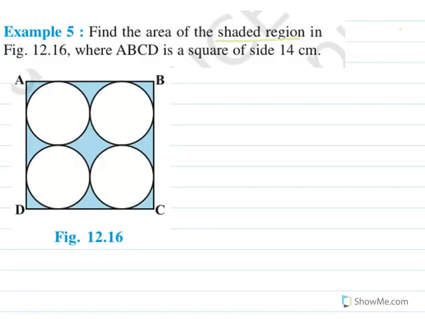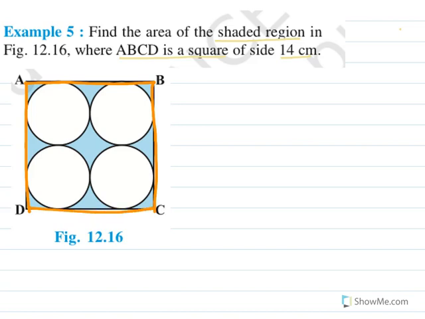Find the area of the shaded region in the figure 12.16 where ABCD is a square of side 14. So to find the area of the shaded region, first we need to find the area of the square ABCD.